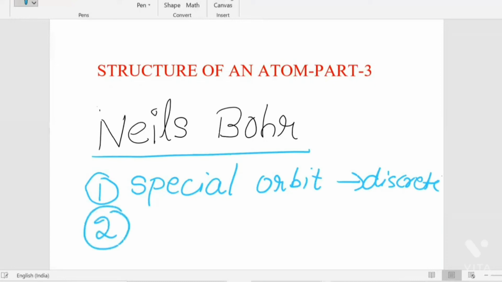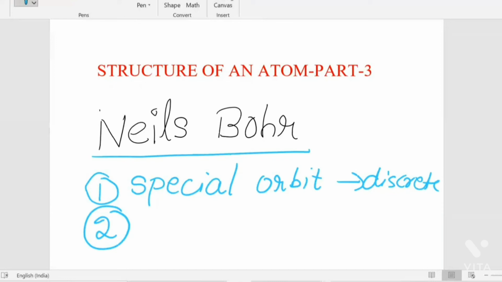The second postulate is that while revolving in these discrete orbits, the electrons are not radiating or releasing any energy. Each electron possesses some amount of energy.